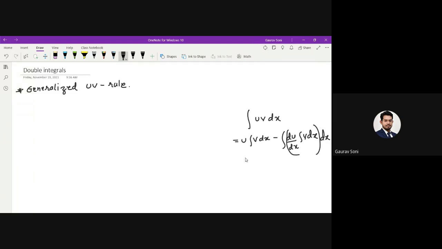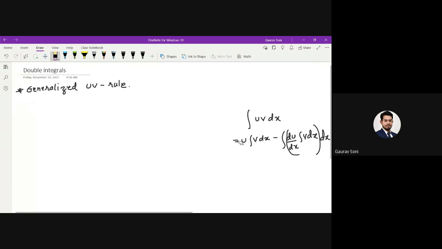So this was u integration of v. In short, roughly, I can write: u integration of v minus u dash integration of v. This kind of UV rule you have seen in the previous classes.